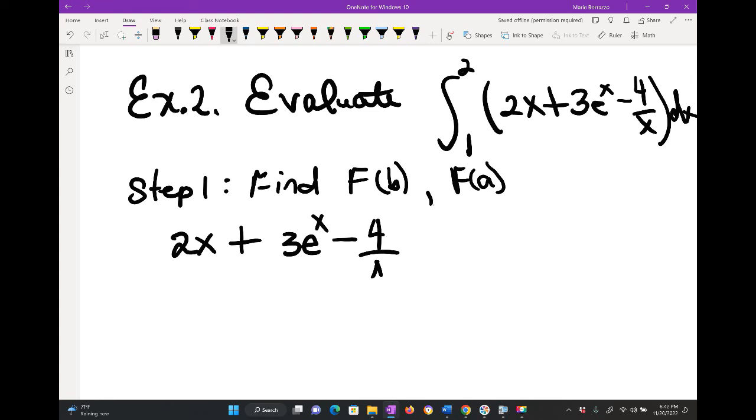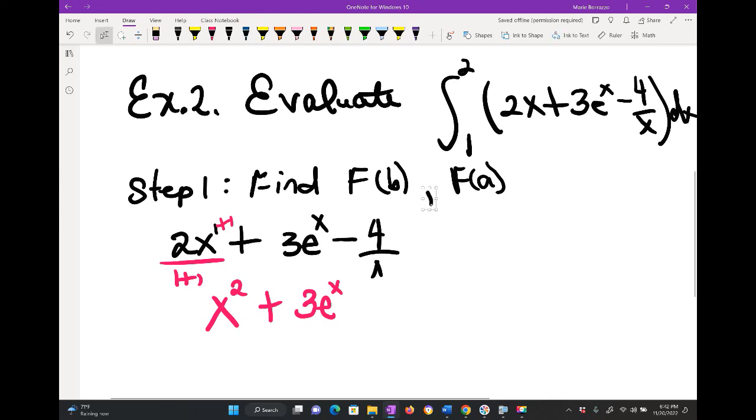We're going to add 1 to the exponent and divide by 1 plus 1, resulting in x squared. Plus, now 3e to the x, we know that is a stubborn one. 3e to the x stays as such.